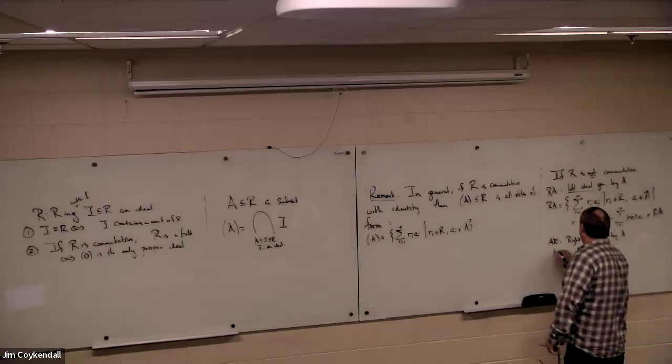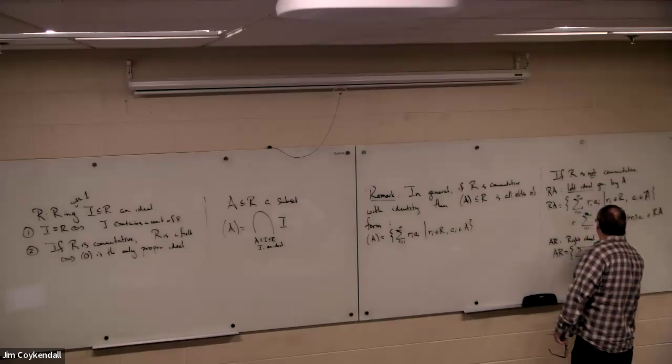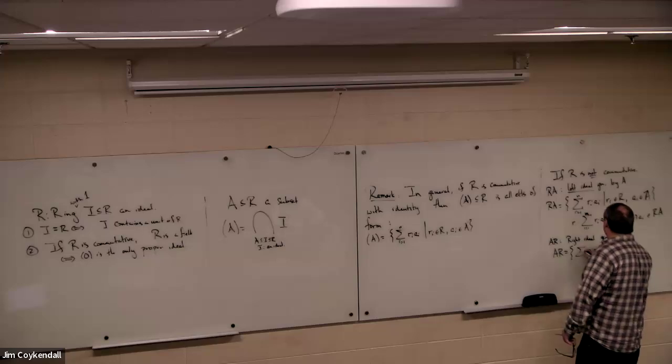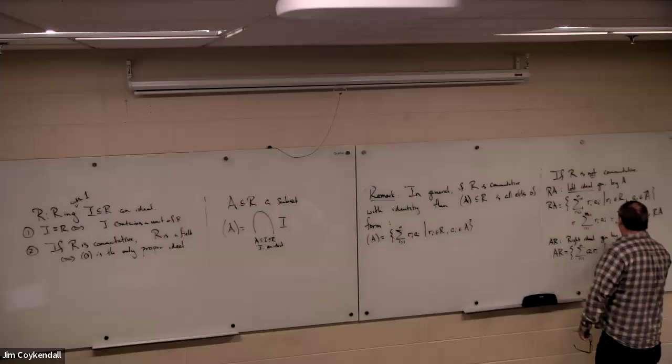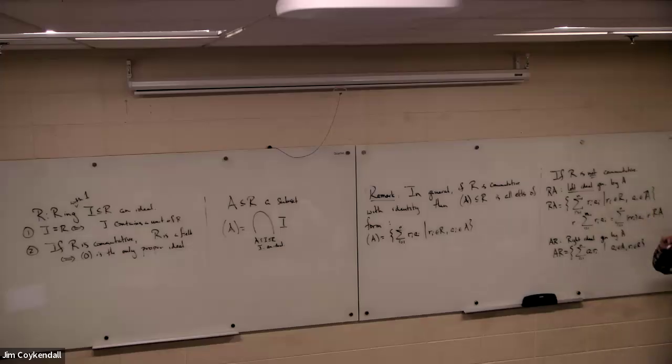Exactly. Well, a summation where now I have the a_i on the other side. Now this is also a subgroup, but this time it sucks in from the right, but not necessarily from the left. Maybe I don't like right and left ideals.